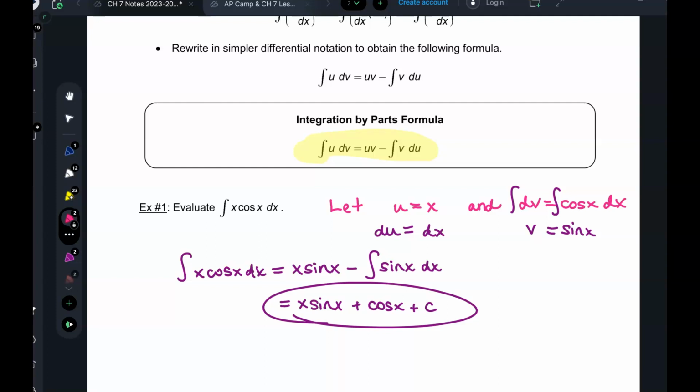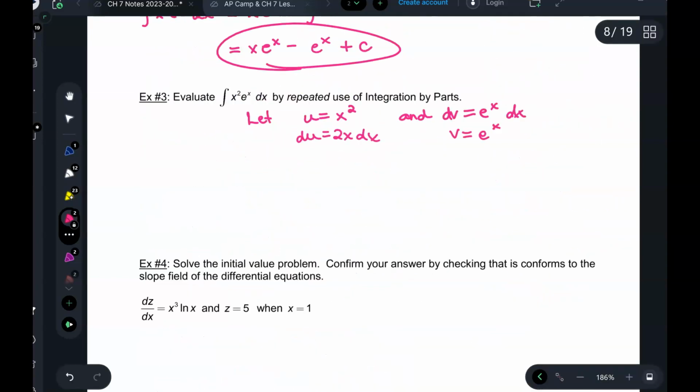Remember, you technically can't do this because they're different variables. So that's why we're using integration by parts to rewrite it, because we want to have everything in terms of x here. We shifted everything around, so we can't actually integrate u dv. That doesn't make sense. Okay.